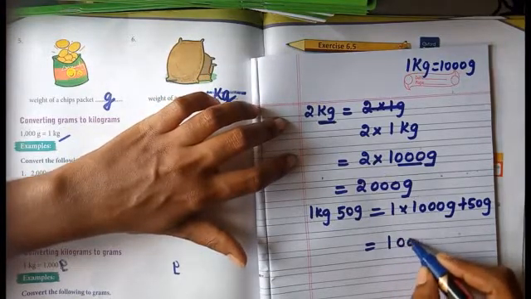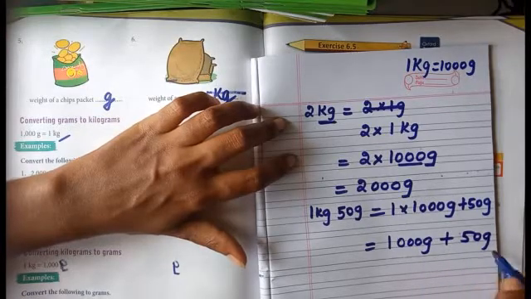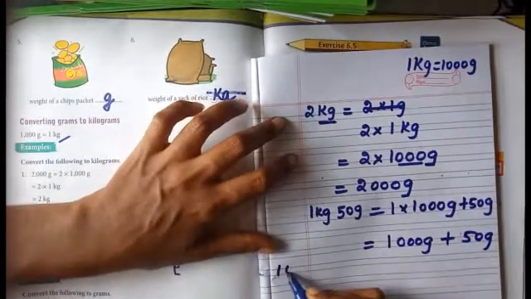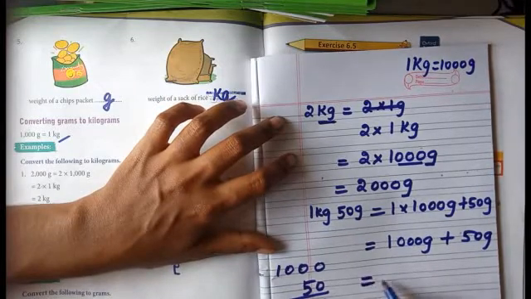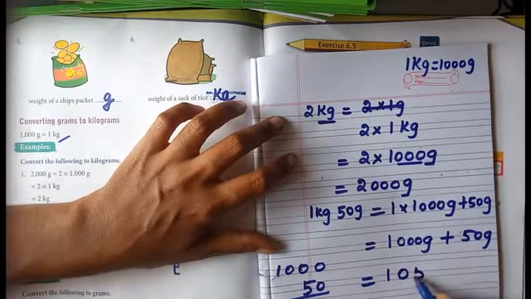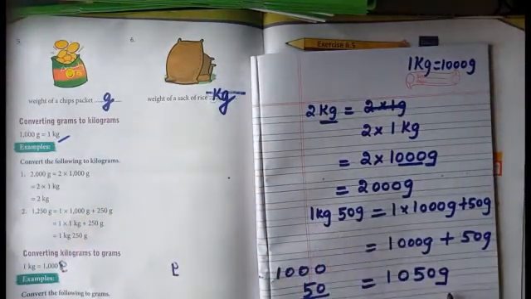Yes, 1000 gram plus 50 gram. Then you have to add these two. 1000 plus 50, how much? 0 plus 0, 0. 0 plus 5, 5. 0, 1. So what is the answer? 1050 gram. Okay, from kilogram you converted into gram.